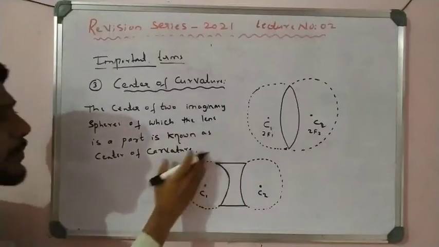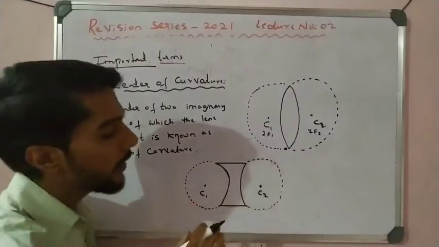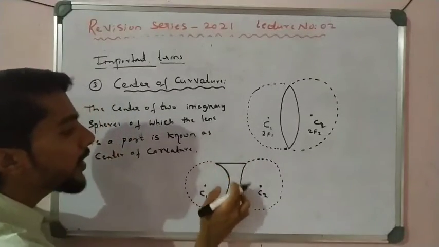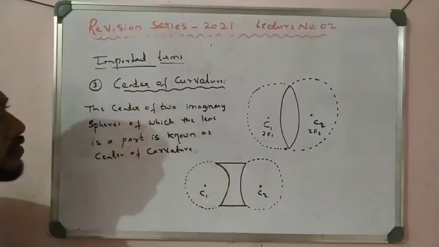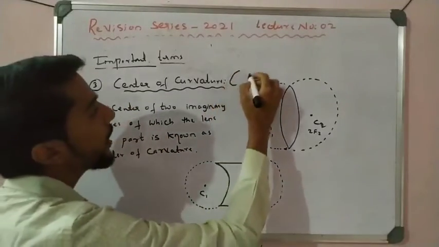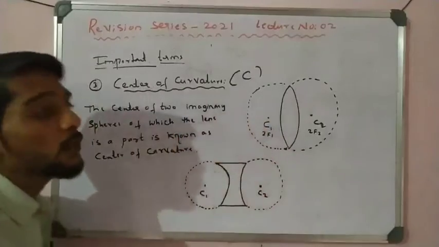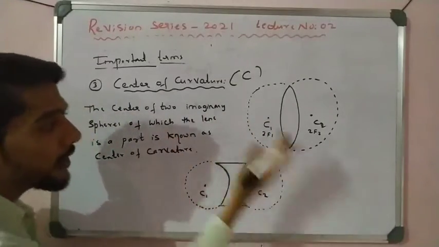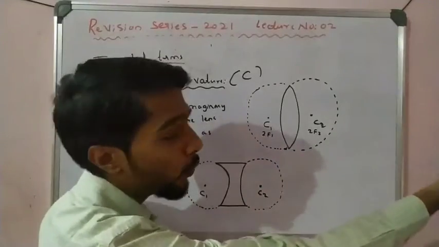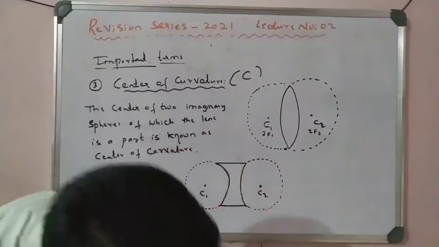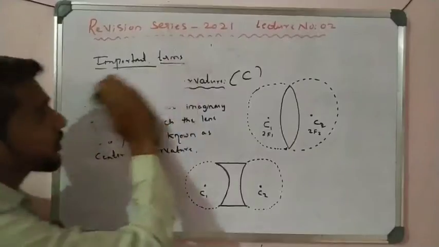So like that, the dashed part is imaginary, not real. And the real part makes a center of curvature. The symbol is C. But in the lens, we can take 2 times f1 on the left side and 2 times f2 on the right side. Okay, this is very important, center of curvature, right, students?